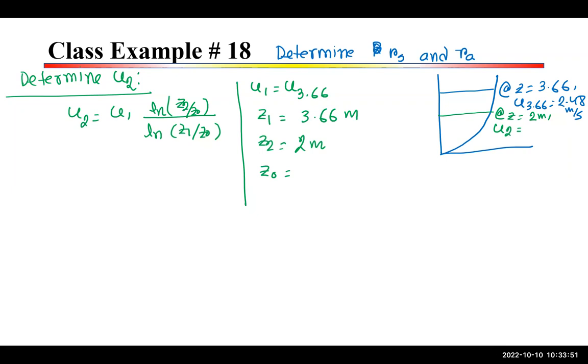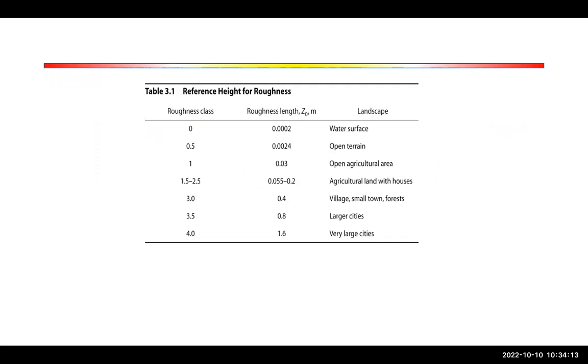Is there any variable or relationship I can use for Z0? Z0 is the location where the velocity is 0. I think it's 0.3 or 0.03, but we need to check the table first, right? Okay, so you think this is the table we can use?